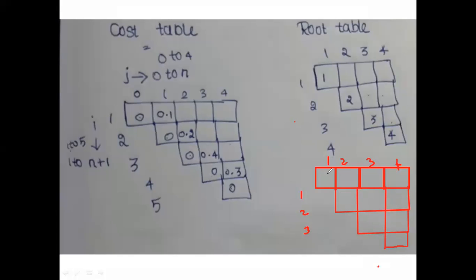So initially we have to write 1, 2, 3, 4. The remaining cells we have to find from the equation, from the formula. So remember this one.